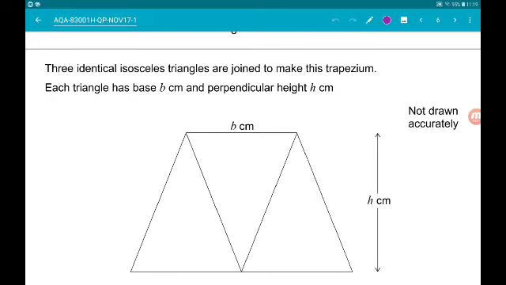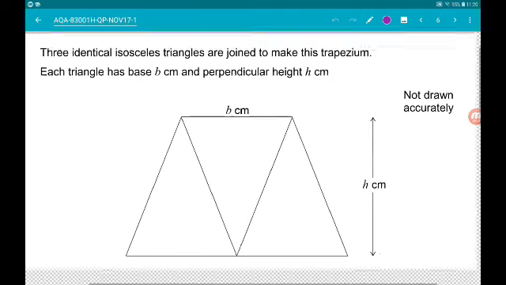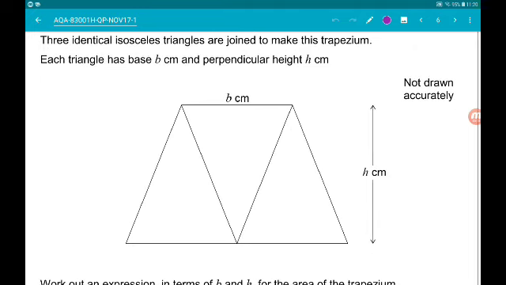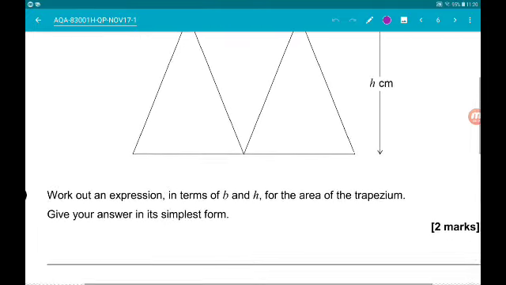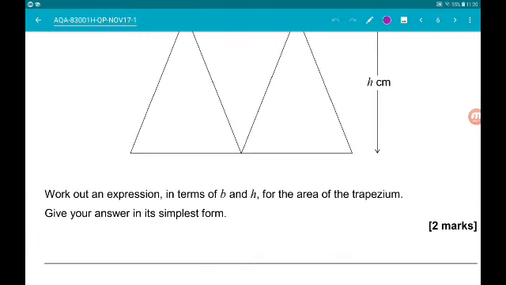3 identical isosceles triangles are joined together to form this trapezium. Each triangle has a base of b centimeters and perpendicular height h centimeters. Part A wants us to work out an expression for the area of the trapezium in terms of b and h, giving our answer in its simplest form.